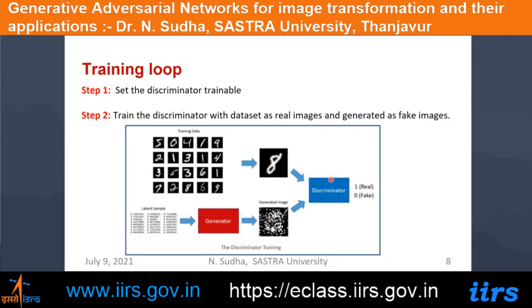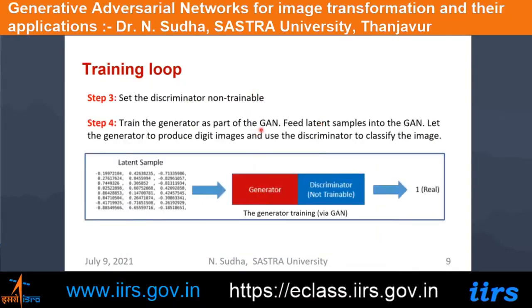But we cannot keep on updating the discriminator alone. So after one iteration, you can move on to training the generator. The third step is you set the discriminator not trainable, and train the generator. While training the generator, you attach the discriminator, but the discriminator weights are not changed. It is not trainable. Only the generator we are training.